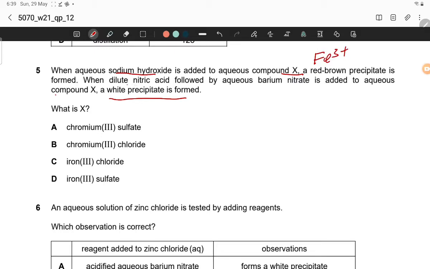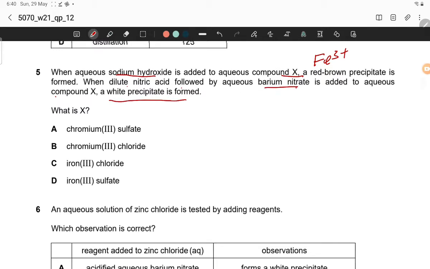With barium nitrate, it must be sulfate ions, the white precipitate of barium sulfate.